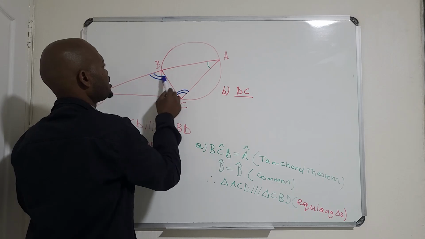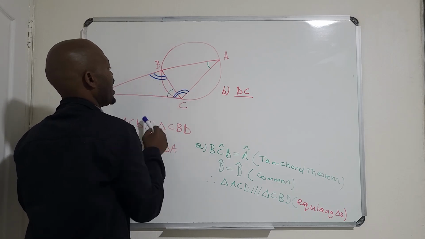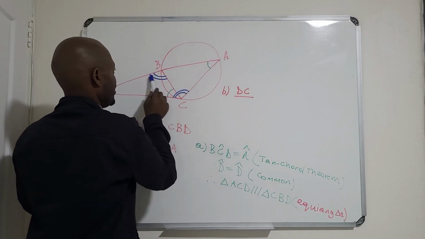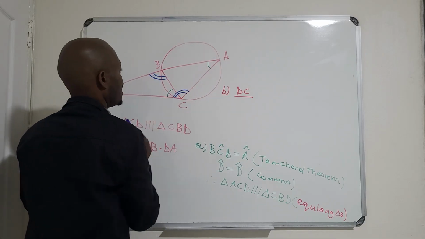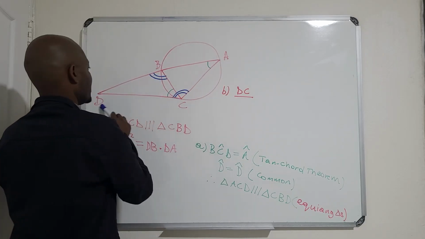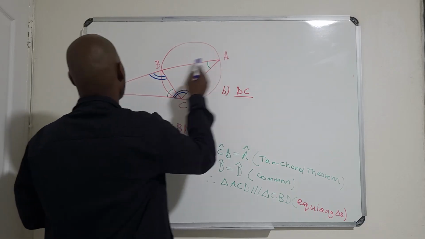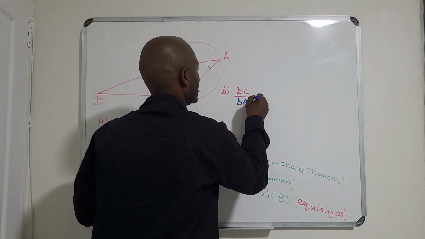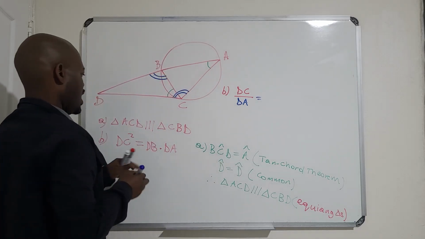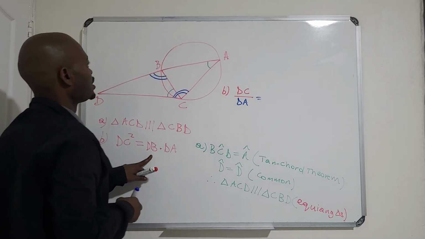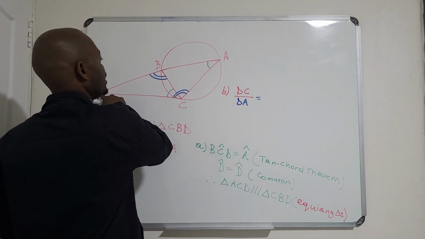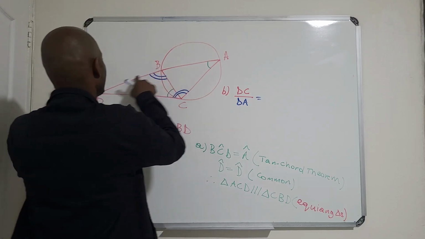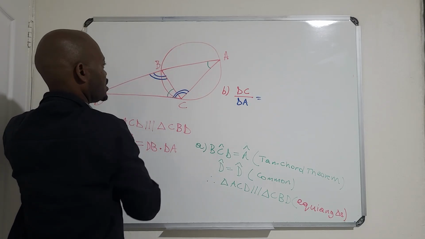Since these sides are opposite equal angles, this angle is opposite this side, this angle is opposite this side. Therefore, that is why DC over AD or DA is equal to, I can see they want BD. So this is the side they want.